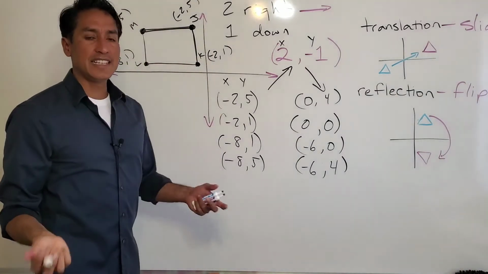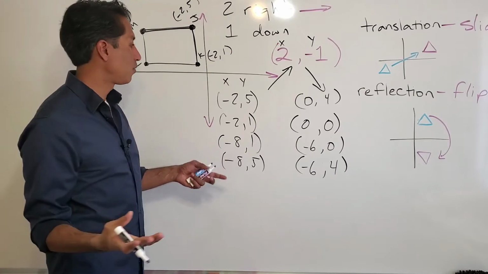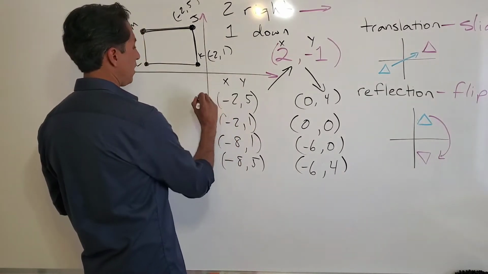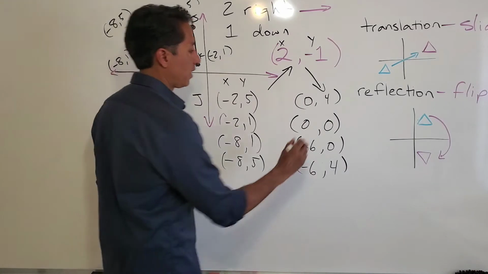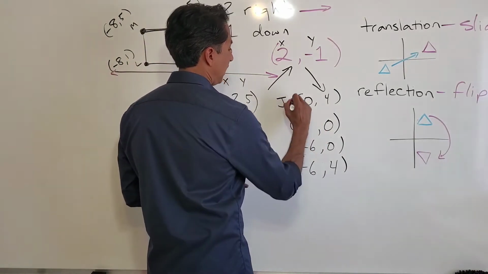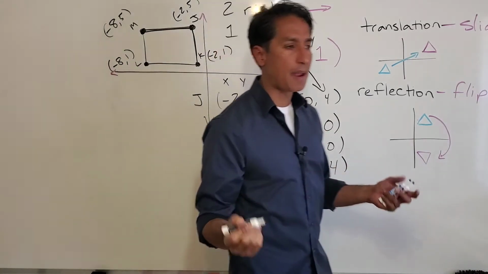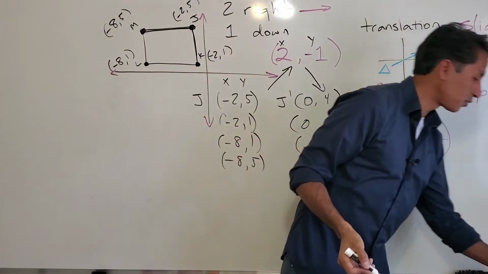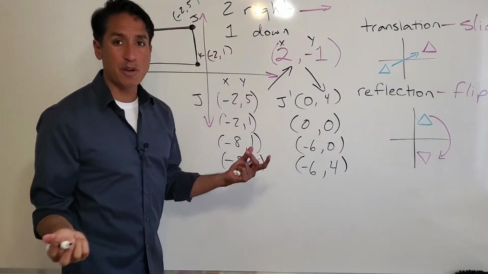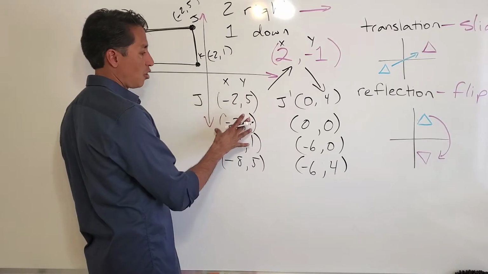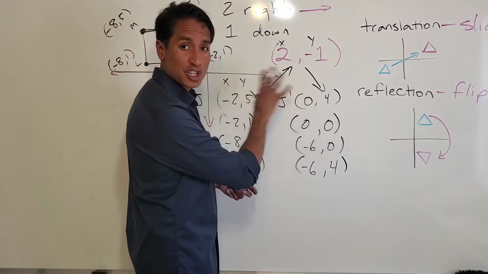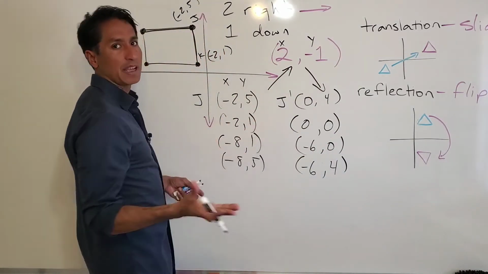And so the way they wrote it was, if this is point J, then we would call this guy J, and then they put a 1 up there as a prime, okay? It's really up to you how you want to label it. If we were in class, I'd say, if you show me this and show me the new version of where it ended up, that would be okay.